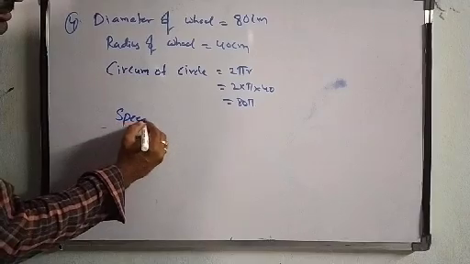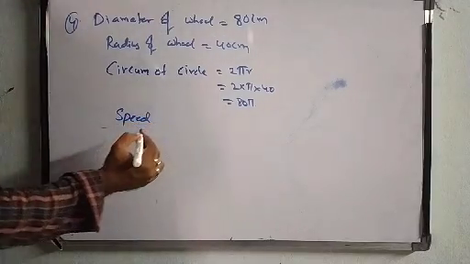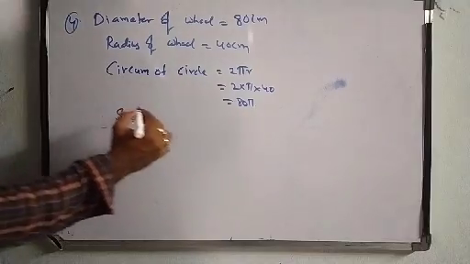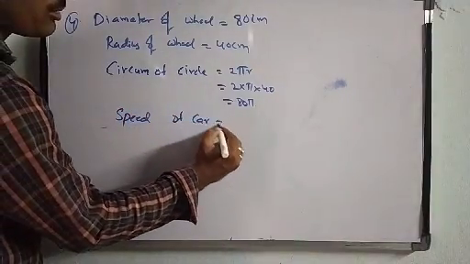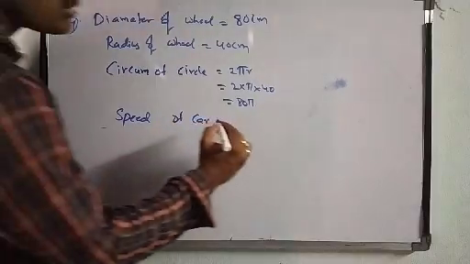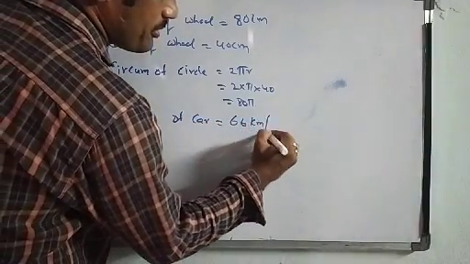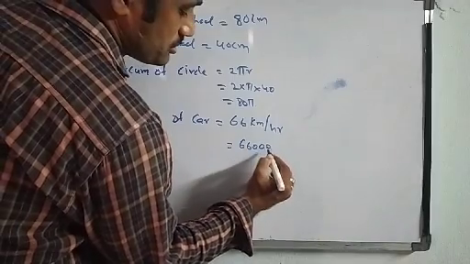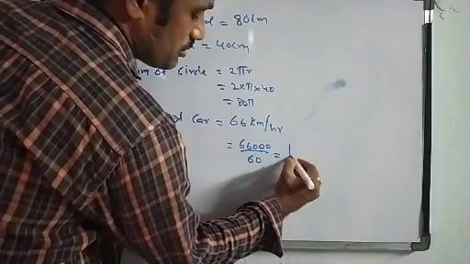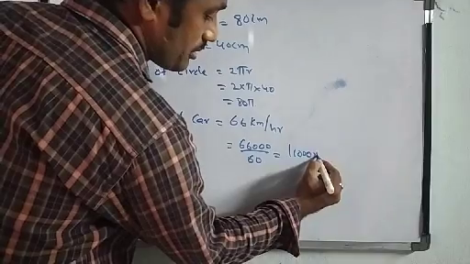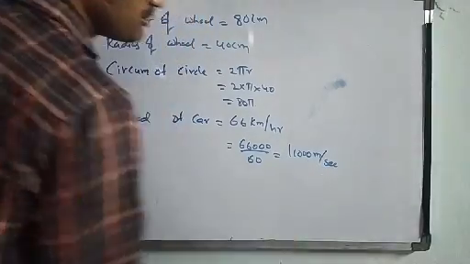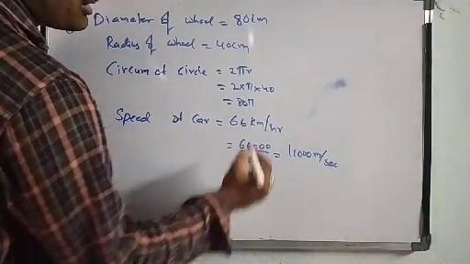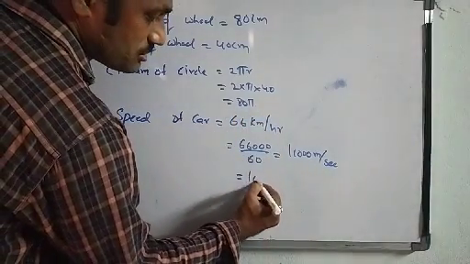Next, speed. The speed of the car is given as 66 km per hour. This has to be converted into meters, so 66,000 by 60, which is 1,100 meter per minute. Let us convert this into centimeters also.